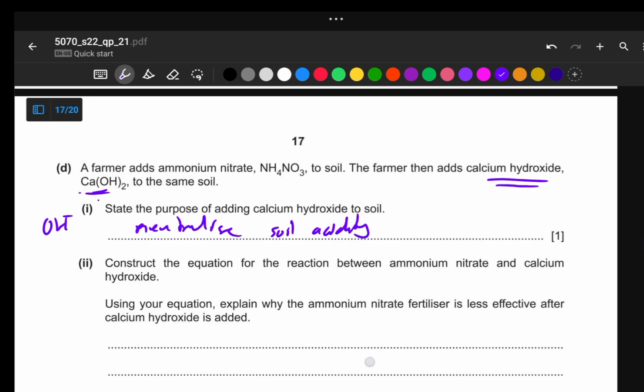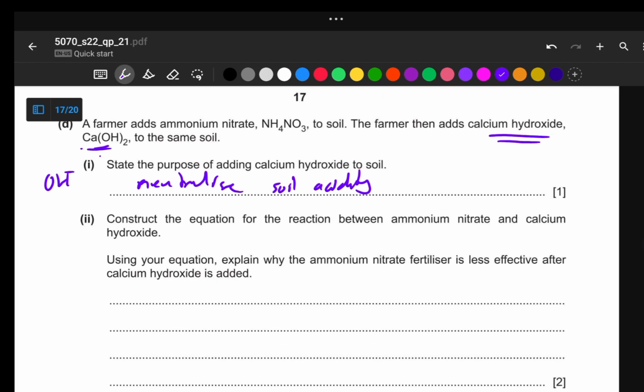And then the next part says construct the equation for the reaction between ammonium nitrate and calcium hydroxide. Use the information in your equation to explain why ammonium nitrate fertilizer is less effective after calcium hydroxide is added. So we're going to start by constructing the equation. We are having ammonium nitrate, and then we are adding calcium hydroxide, and then we are going to have calcium nitrate, right?